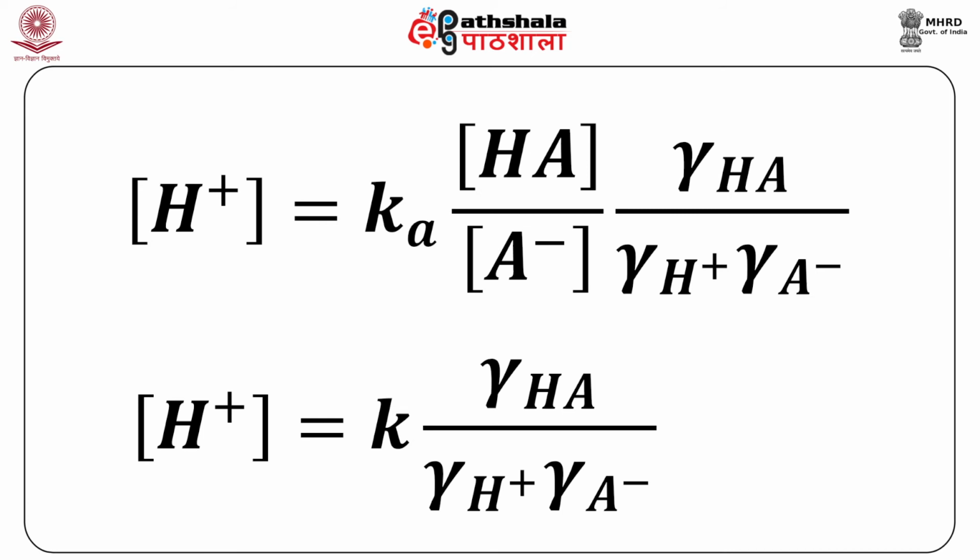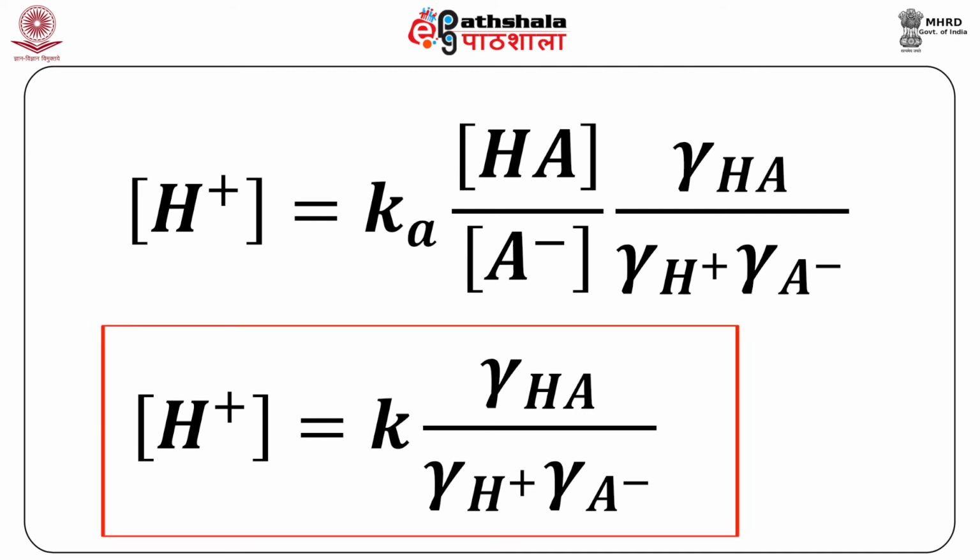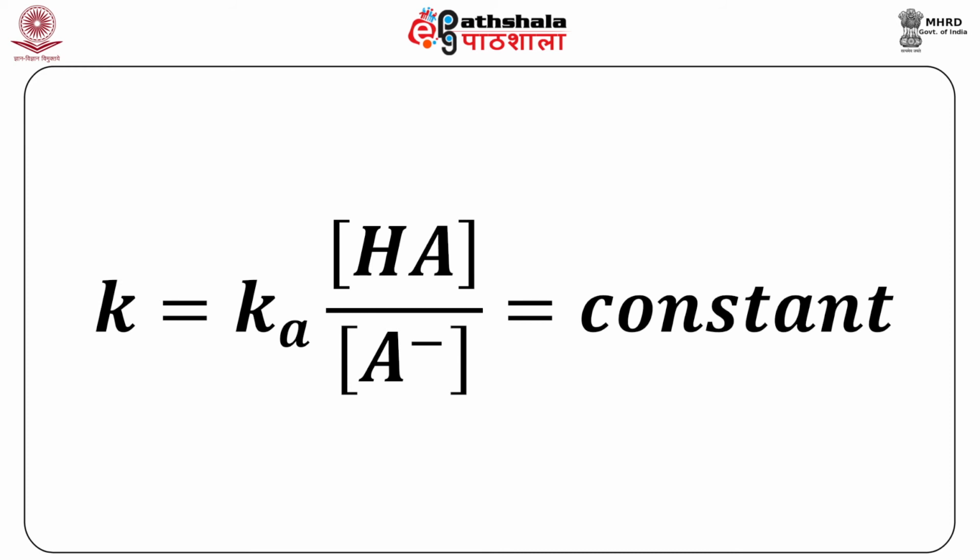On rearranging this equation to obtain the expression for H plus ion concentration, we obtain H plus ion concentration as K into gamma HA upon gamma H plus into gamma A minus, where K is equal to Ka into concentration of HA upon concentration of A minus.